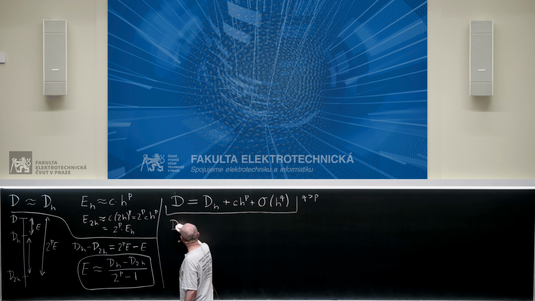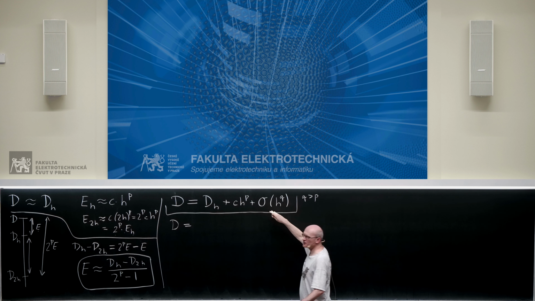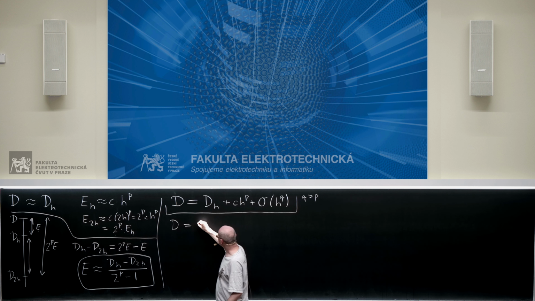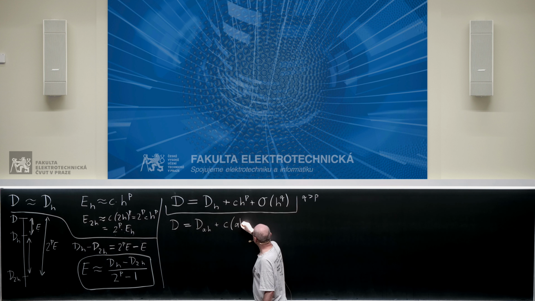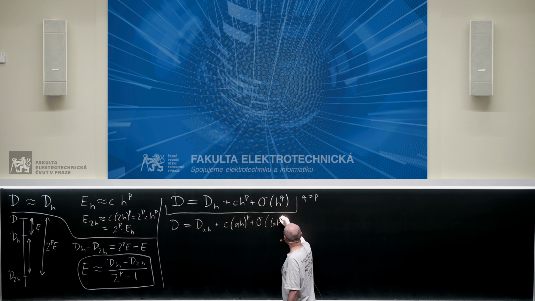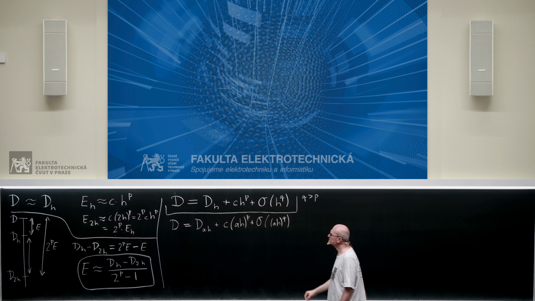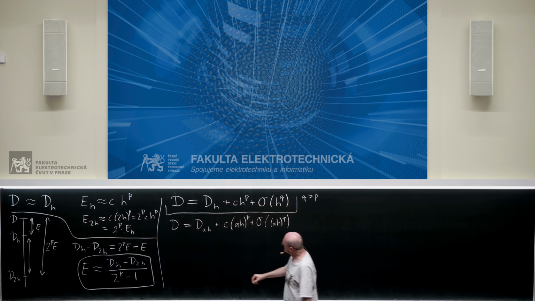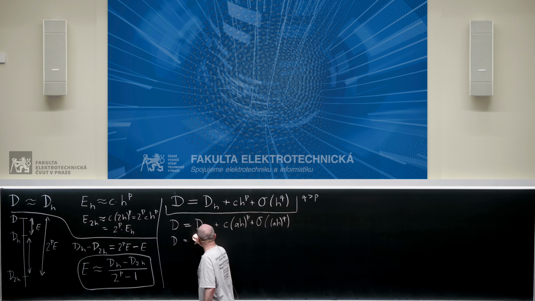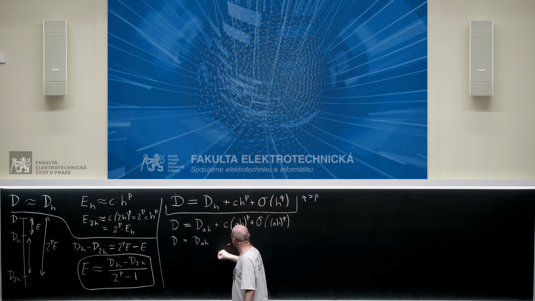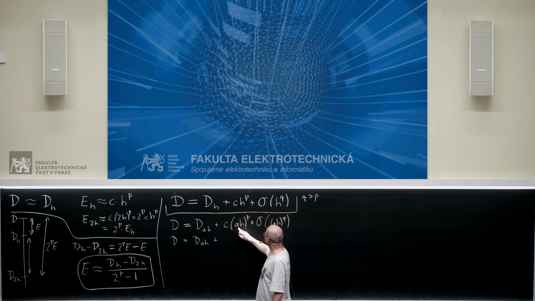So we get the following, because this formula is supposed to be valid for all steps. So in particular, it should be valid for step a times h. What happens? Well, here we have c times (ah) to power p, and here we get O((ah) to power q). Another step. D is D_ah plus, and I can factor out, and there will be a to power p times c h to power p.